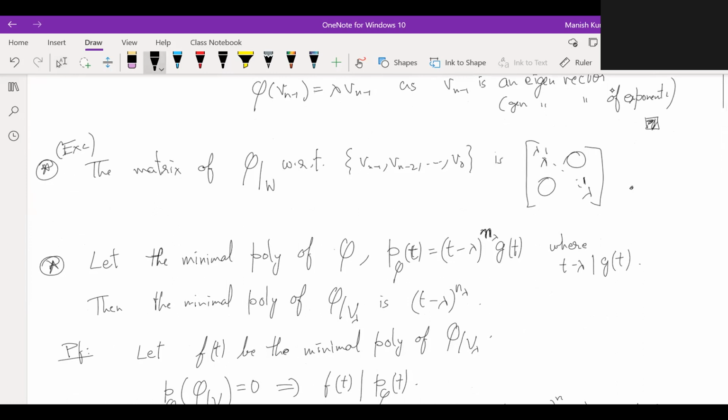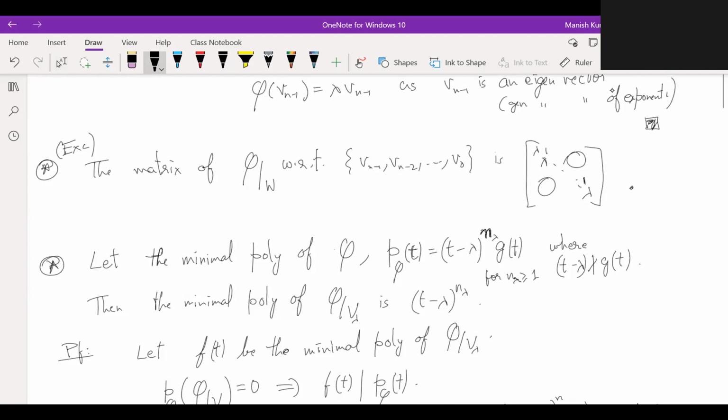So let the minimal polynomial of phi be (t minus lambda) to the power n lambda, where n lambda is greater or equal to 1, times g(t), where g(t) doesn't have any factor of t minus lambda. You take out all the factors of t minus lambda, and whatever remains is g(t). So the minimal polynomial has this factorization.